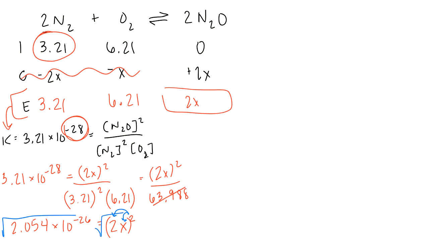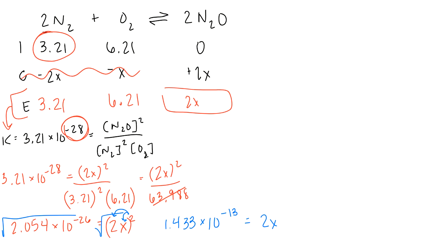So the square root of 2.054 times 10 to the negative 26 is 1.433 times 10 to the negative 13, equals 2x.